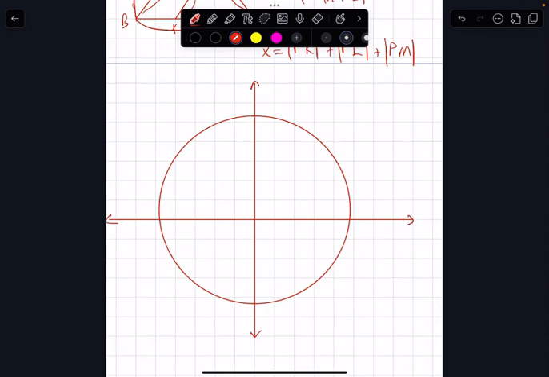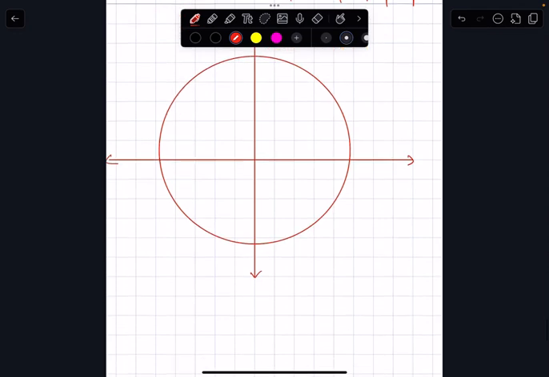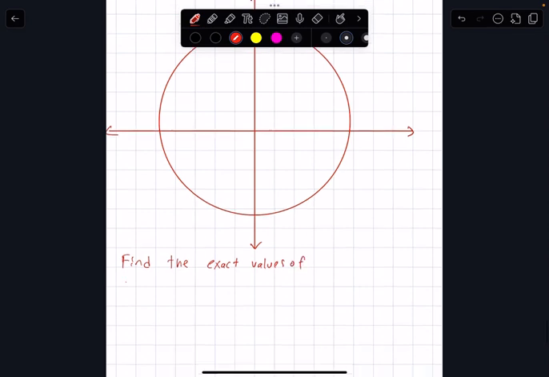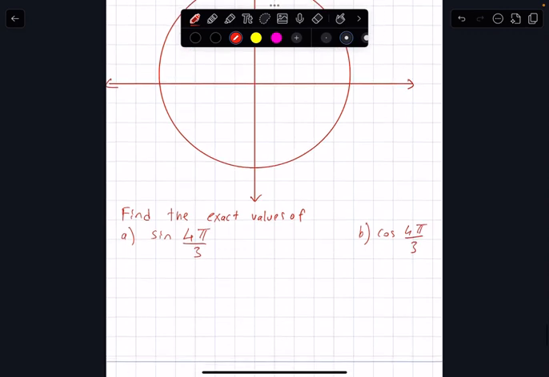So find the exact values of A, sine 4 pi over 3, B, cosine 4 pi over 3. After this example, I'm going to finish the video. C, tangent 4 pi over 3.